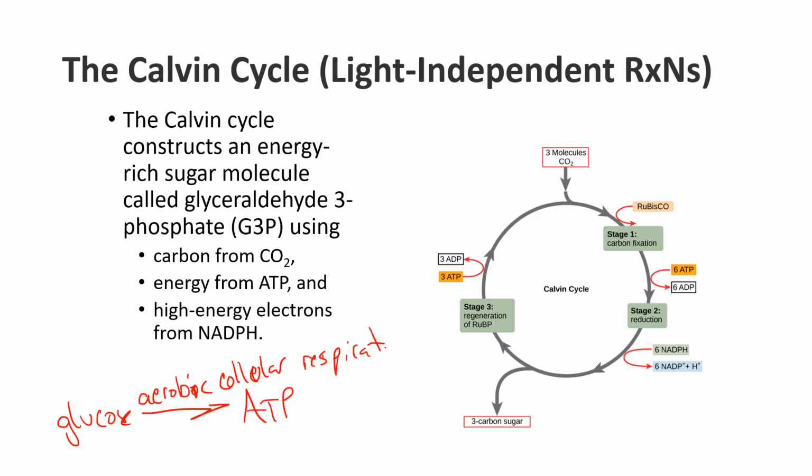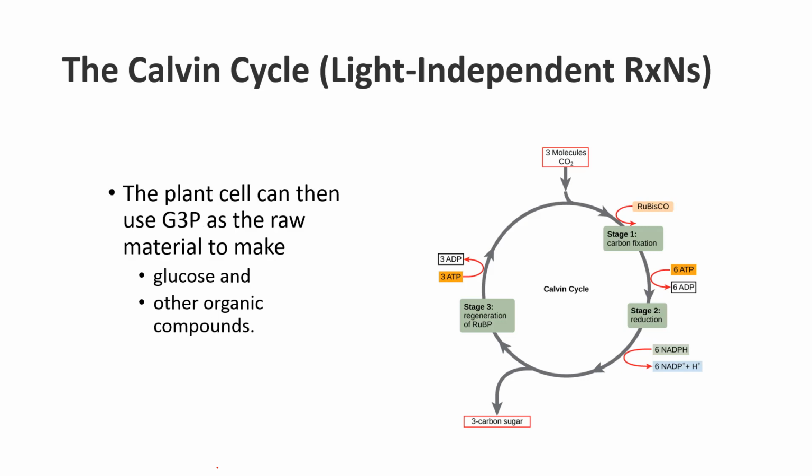Can you tell that I'm a great speller? Okay. So to make ATP, right? So that's why some of the oxygen that the plants are making is needed to convert energy in glucose into energy in ATP.